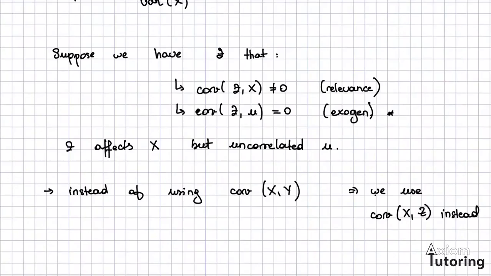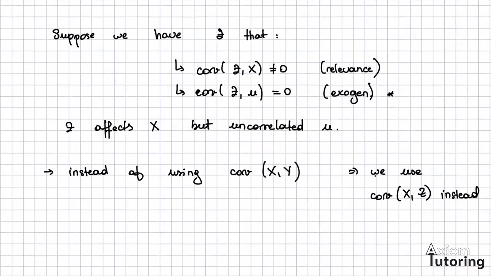Okay, so this is the fundamental IV move. We replace the endogenous variable X in the covariance formula with the exogenous instrument Z, and the substitution is what removes this bias.